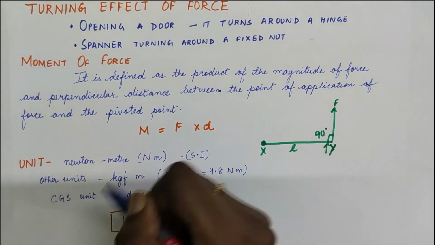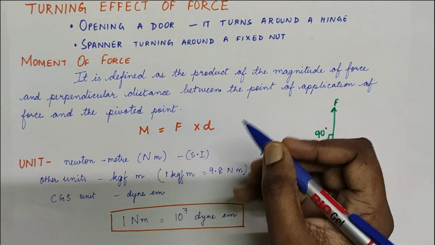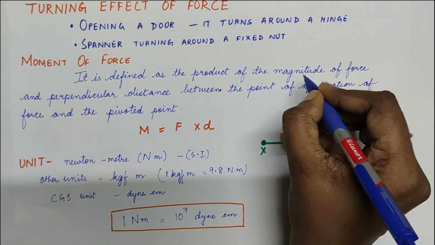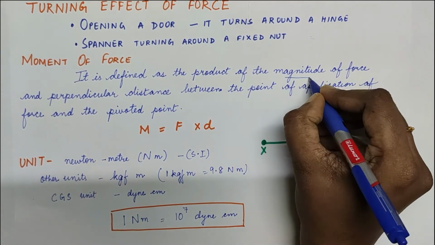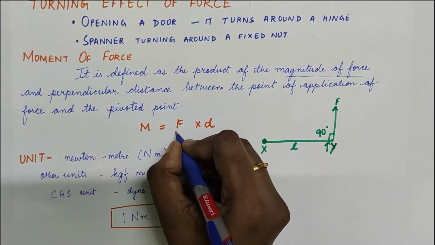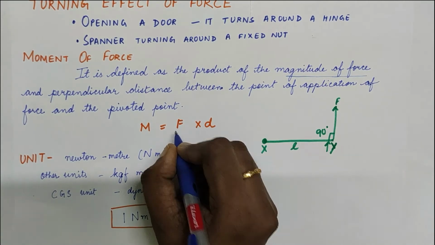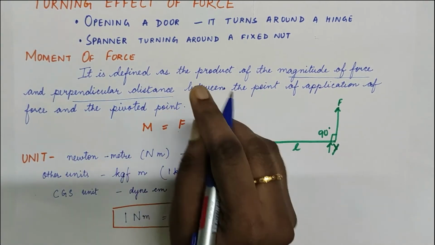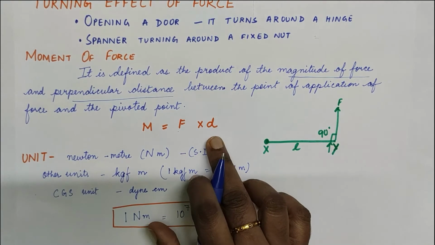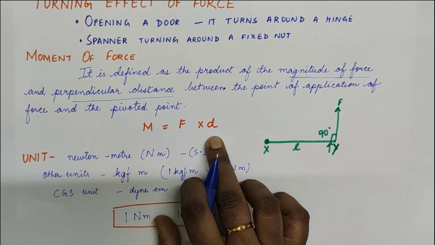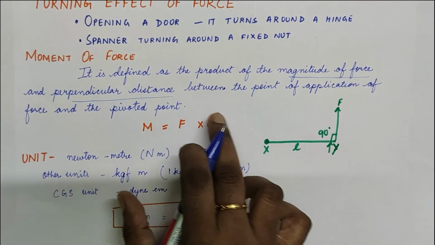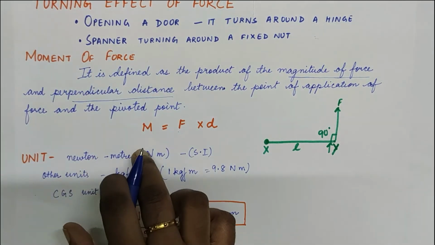So the magnitude of force, or F as we are calling it, and the perpendicular distance, suppose we represent it with D, and the product of these two is the moment of force.